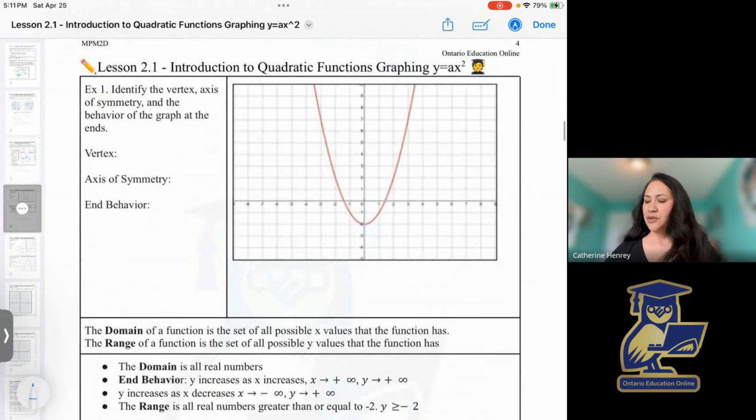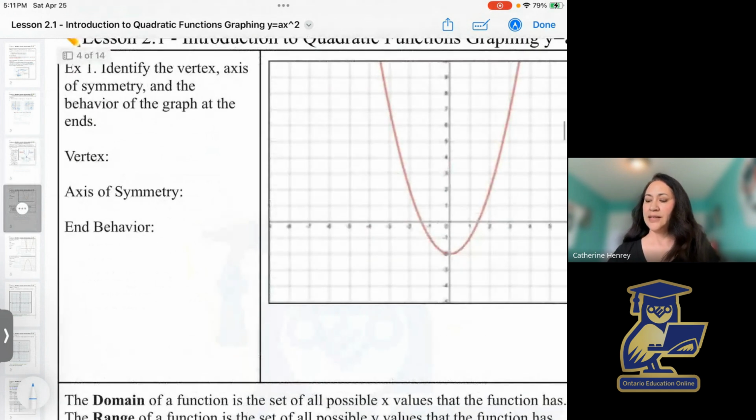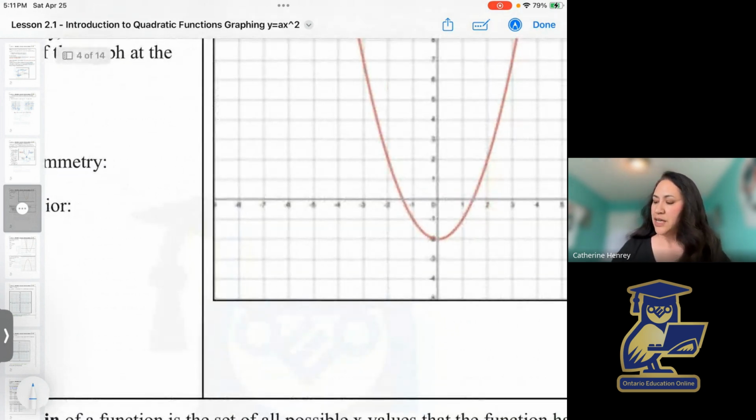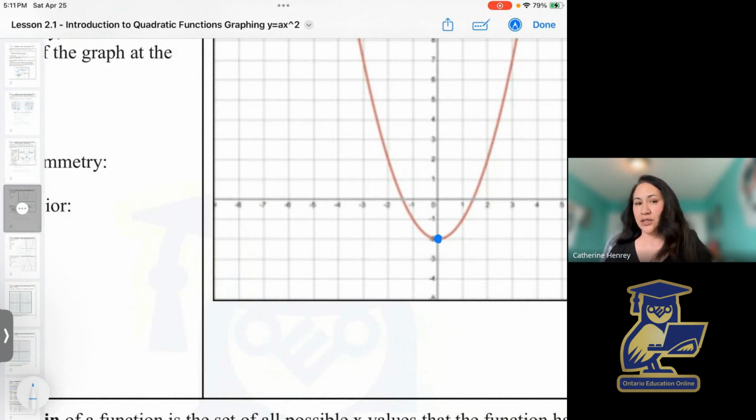So here I want you to identify the vertex, the axis of symmetry, and the behavior of the graph at each of the ends. Taking a very close look here, the vertex is the point at which the parabola changes its direction. Here it looks like it occurs at 0, -2.